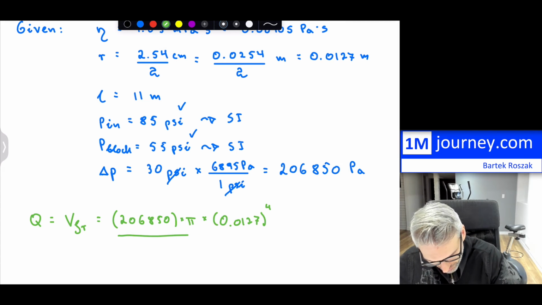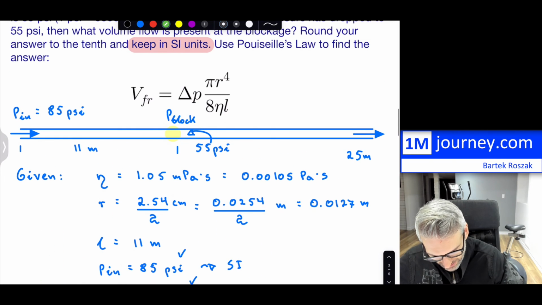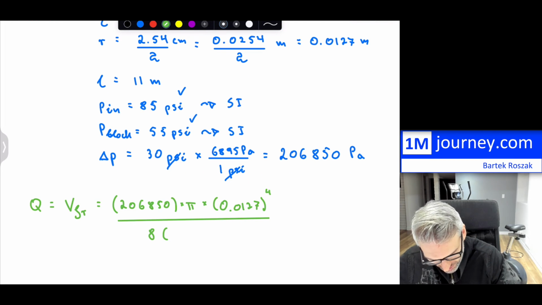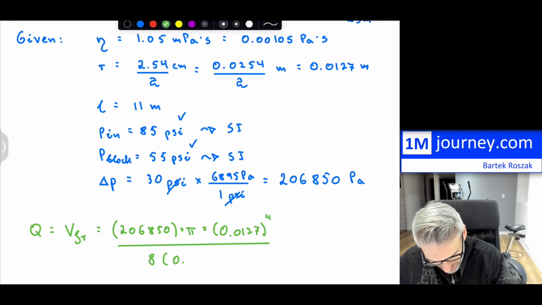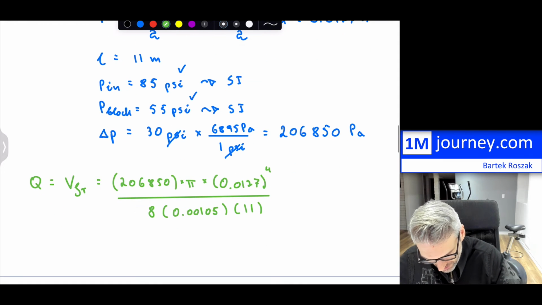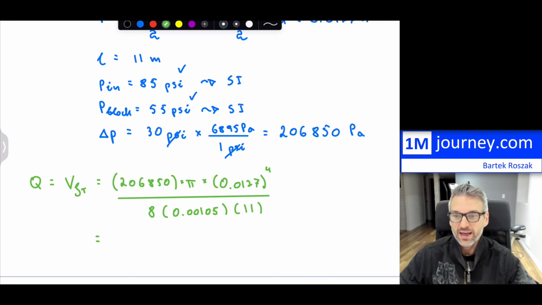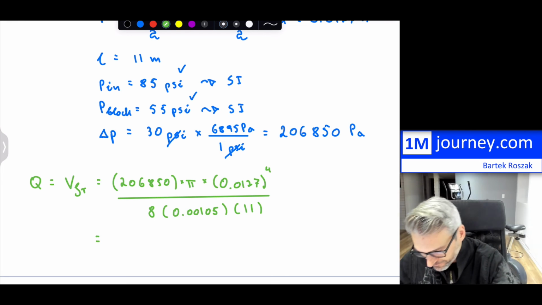Then this whole thing is divided by, based on the equation, 8 times the viscosity, which is 0.00105, and that is all in metric standard units. And then finally the length, which is 11 meters. That's what we would have here. Now I can substitute this into my calculator and get my answer. Let me do that and I'll be right back.